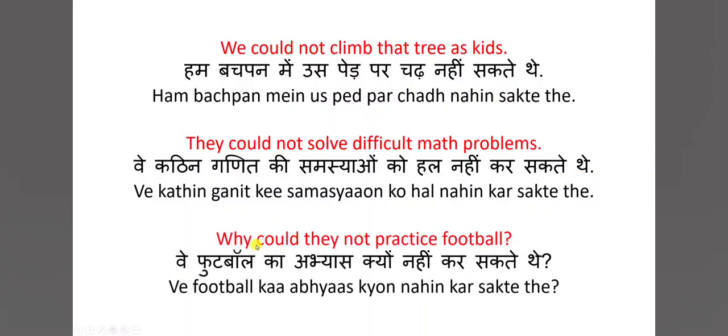Okay, why could they not practice football? वे फुटबॉल का अभ्यास क्यों नहीं कर सकते थे? वे is they, football is football, and we have learnt about का. अभ्यास कर is practice, क्यों is why, नहीं is not, सकते थे is could.